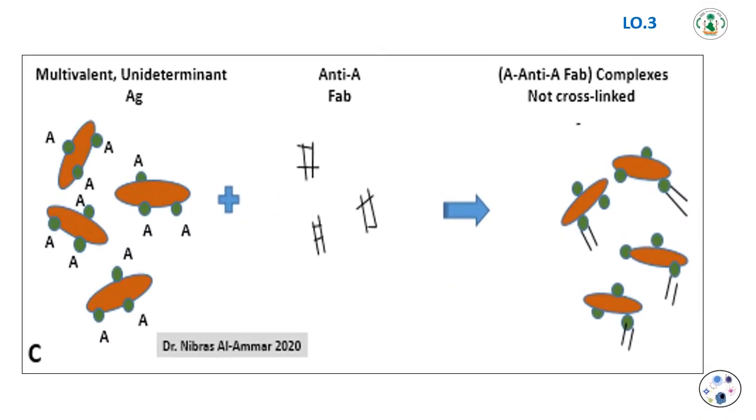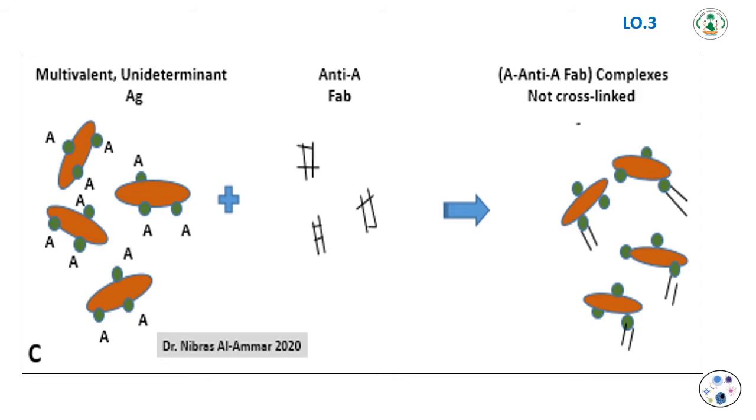In this diagram, a multivalent unideterminant antigen will bind with anti-A, but the antibody is affected by the action of proteolytic enzymes that cut the antibody molecules into fragments, like a single Fab.